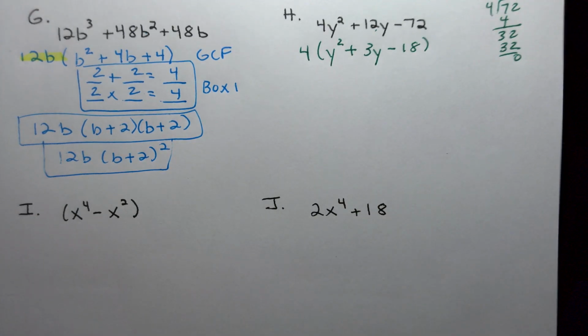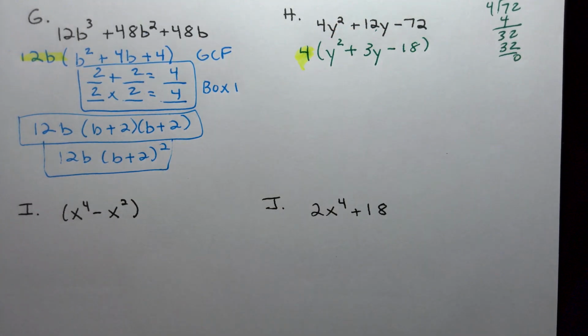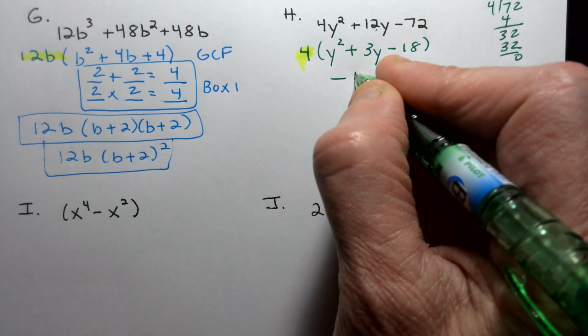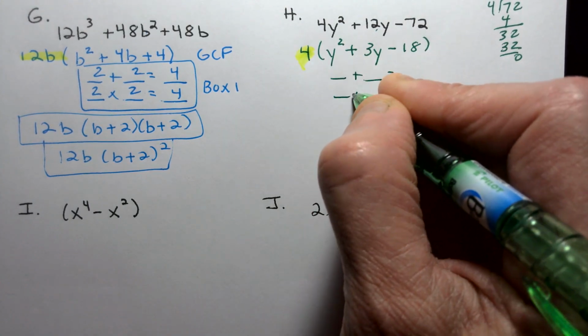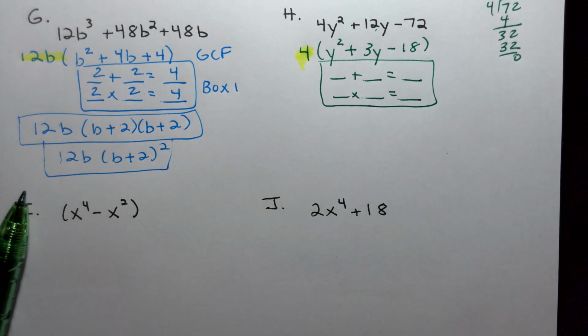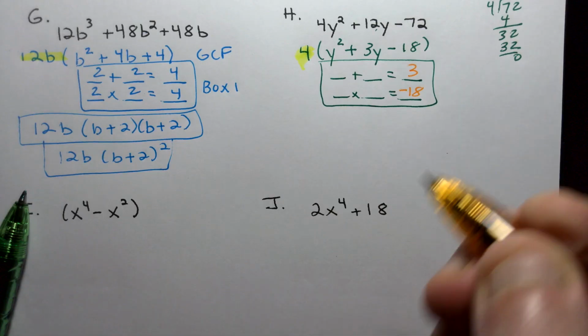Looks like we are looking inside at 3 terms again. We are noticing there's a 1 before the y squared, so we're going to try box 1. Three and negative 18.